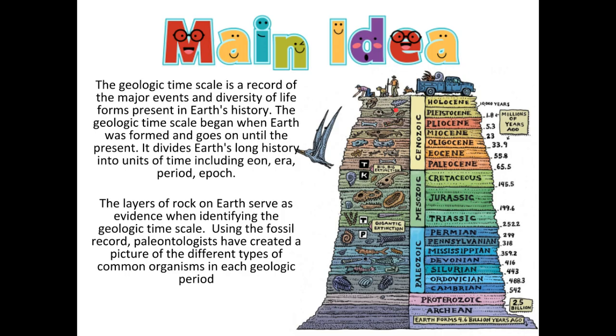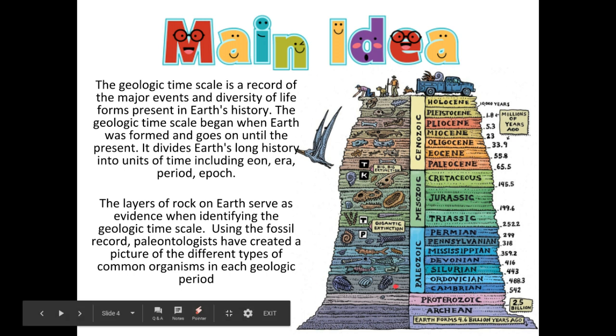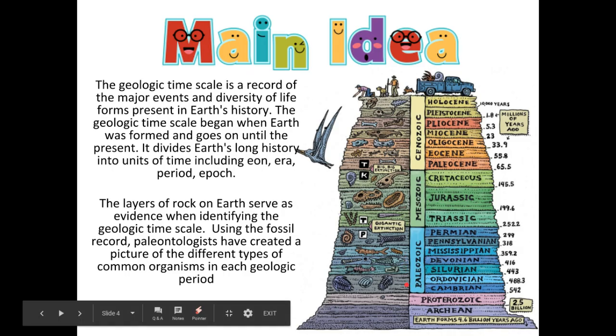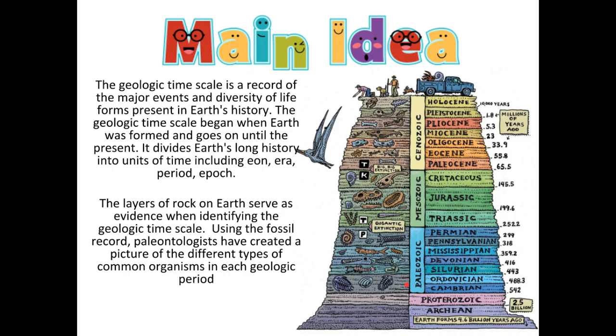So not only does this show the fossil evidence, but the rock layer evidence, and it also incorporates the law of superposition. So this is the general pattern of what we see in the fossil record according to the fossils that we find and the rock layers around the world.